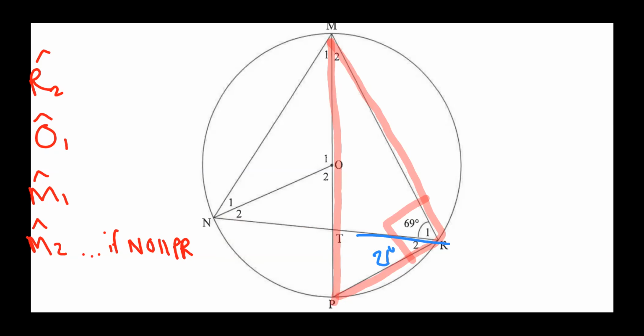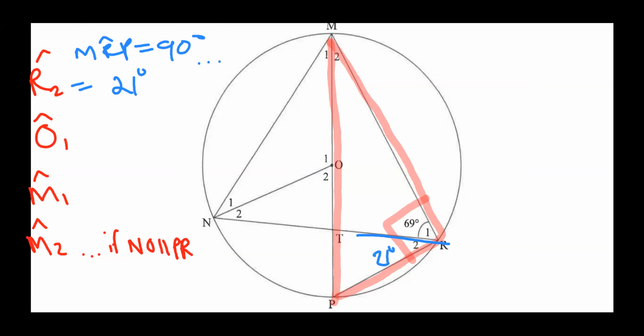Okay, so before writing down angle R2, I would first state that the entire angle MRP is equal to 90, and then I'd state my reason, which is angle in a semicircle. And only after I've written that, then I now state that angle R2 is equal to 21 degrees.